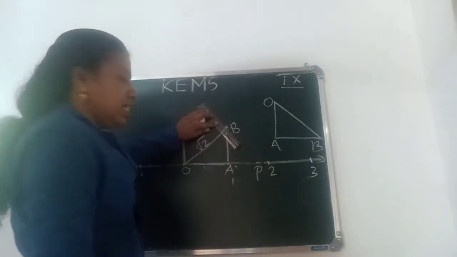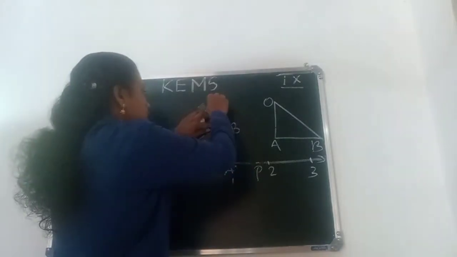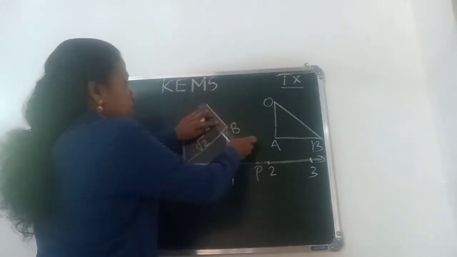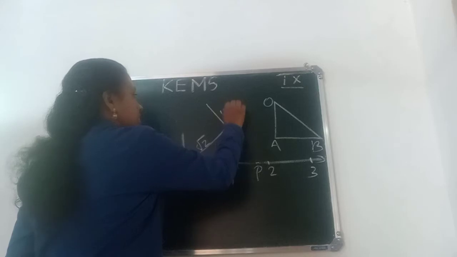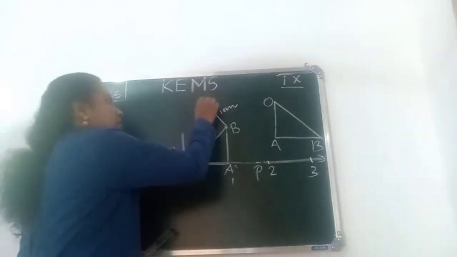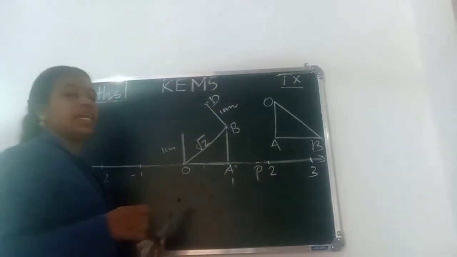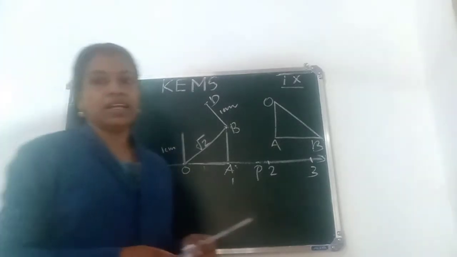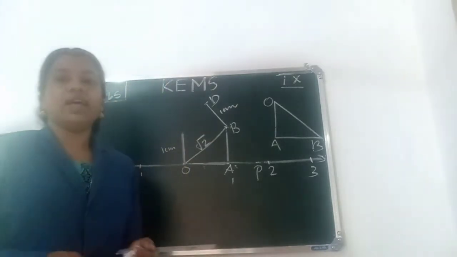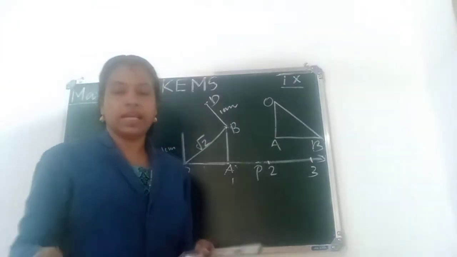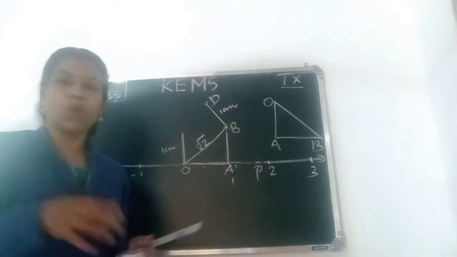That is a 90 degree line from B having 1 centimeter. So, this is 1 centimeter length, and name this as BD. Just draw a perpendicular line having length 1 centimeter.